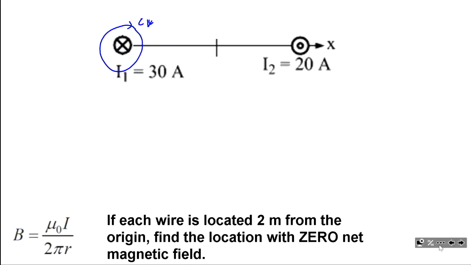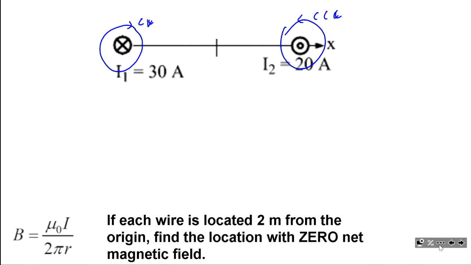And the magnetic field generated by the second wire is represented by circular lines which are counterclockwise.